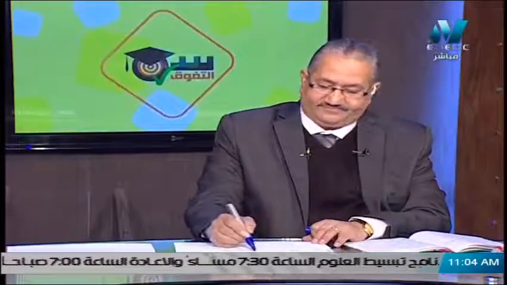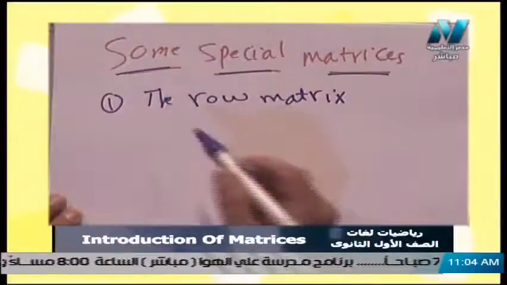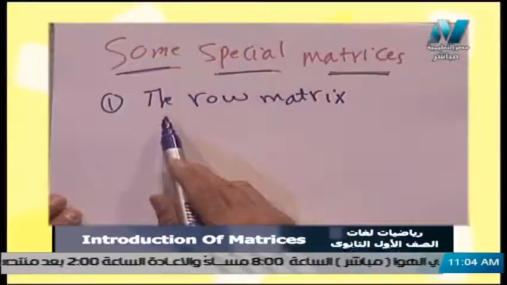Lesson for matrices. Now we have some special kind of matrices. So concentrate with me. We have the first type of special matrices here. Okay, the first type of matrices is the row matrix.